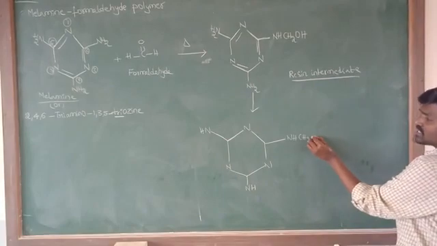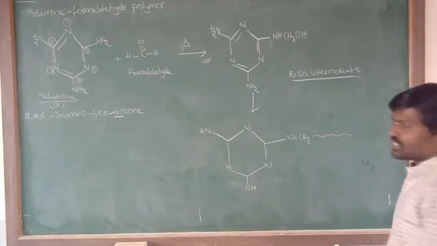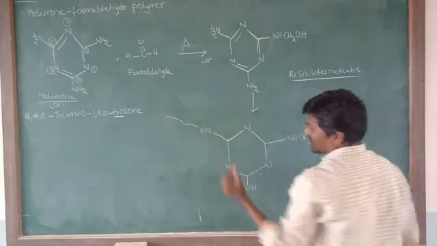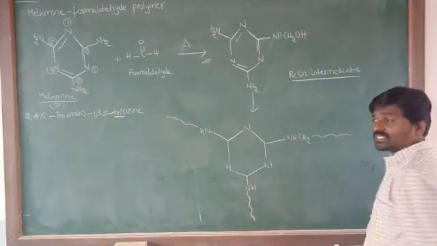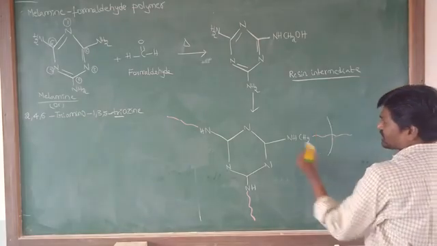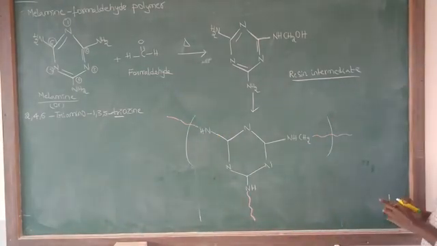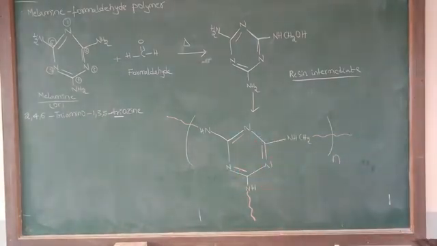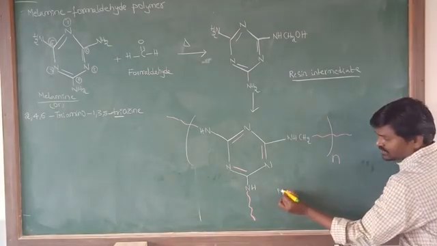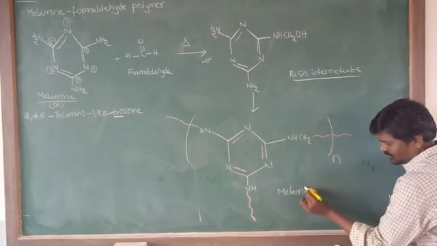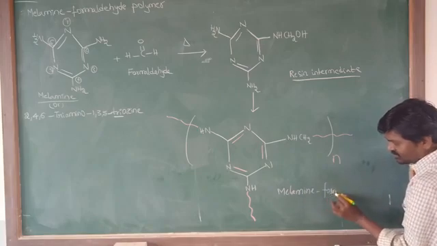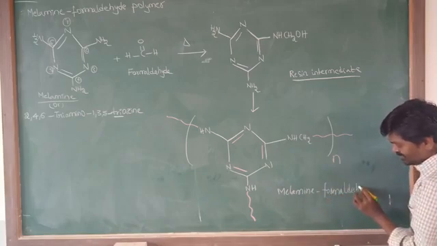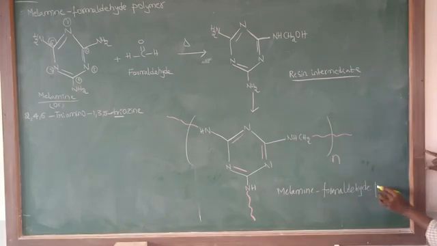Now the length of the chain is increasing in all these directions. What is the name of this polymer? Melamine formaldehyde polymer is formed.